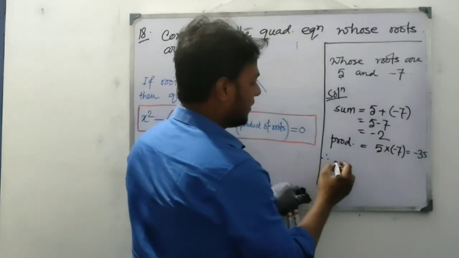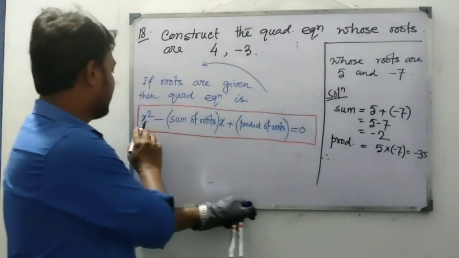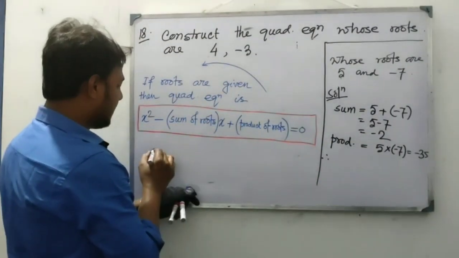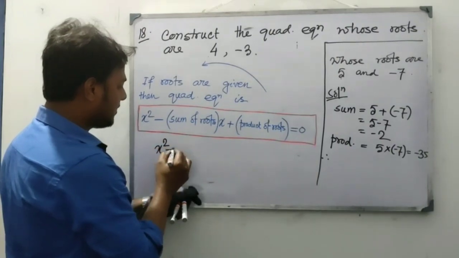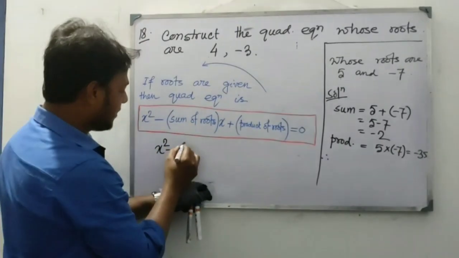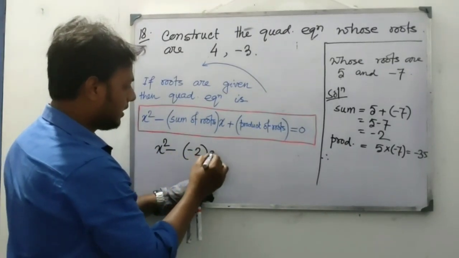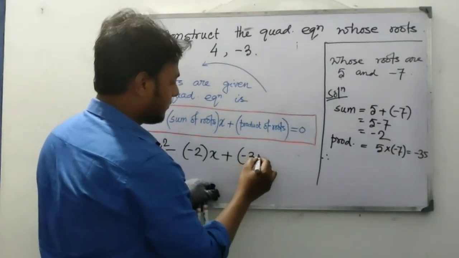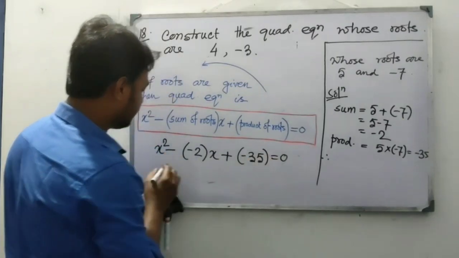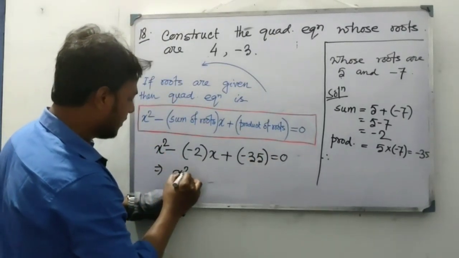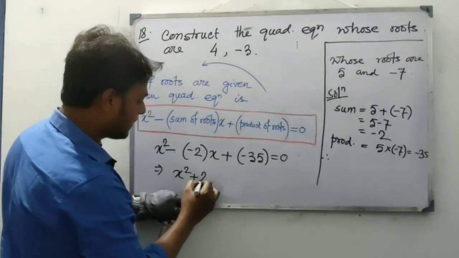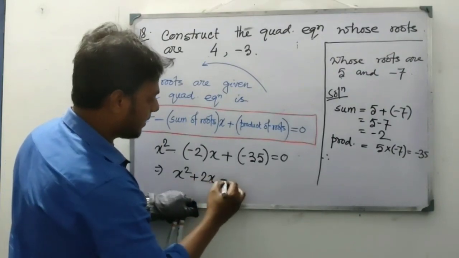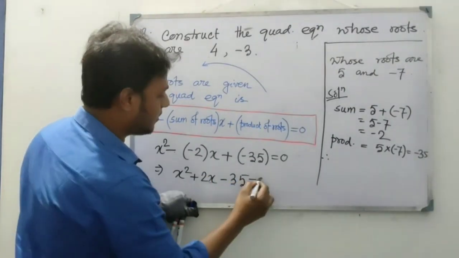Therefore the quadratic equation will be x square minus sum of roots, we have minus 2, into x plus product of roots, minus 35. Now just remove the bracket, then it will be x square plus 2x minus 35. This completes the solution.